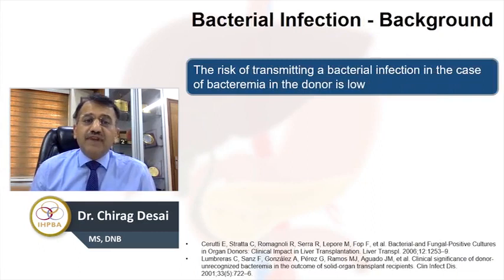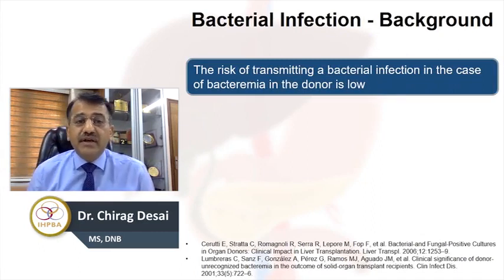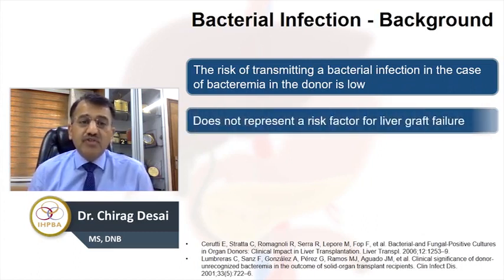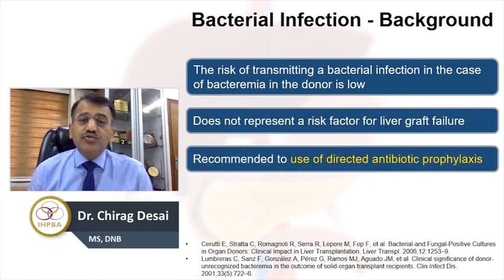Now, the risk of transmission of bacterial infection from the donor to the recipient is low, but is a theoretical possibility and does not represent a very high risk factor for liver graft failure. So, it is recommended to use directed antibiotic prophylaxis in the donor before the use of the liver.